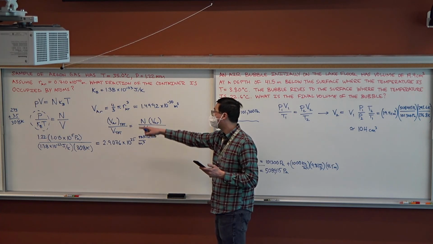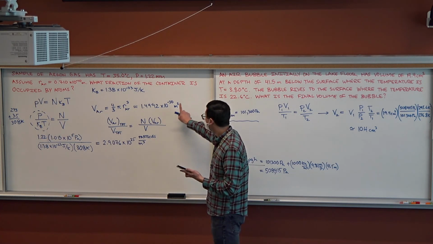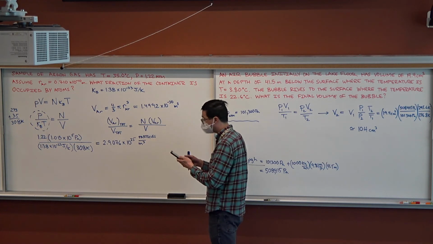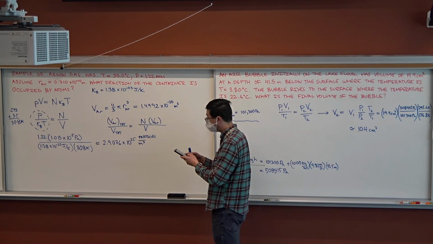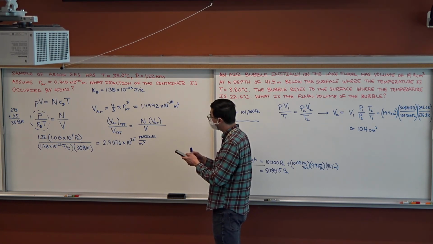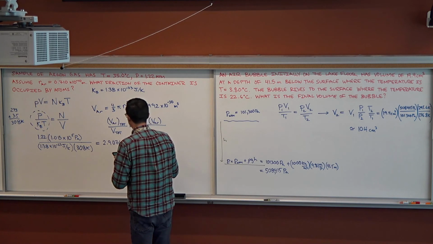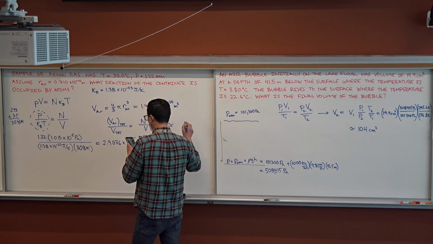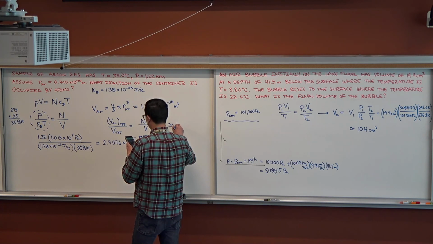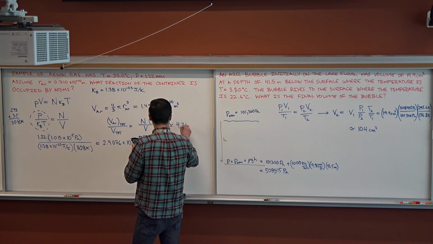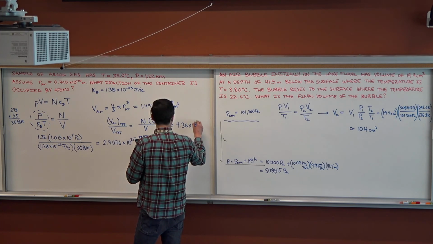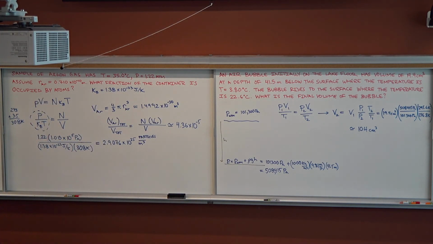We already found N over V. So if I take this value and multiply by this value, I get about 4.36 times 10 to the minus 5. Within rounding difference of what I got. I did this earlier today.